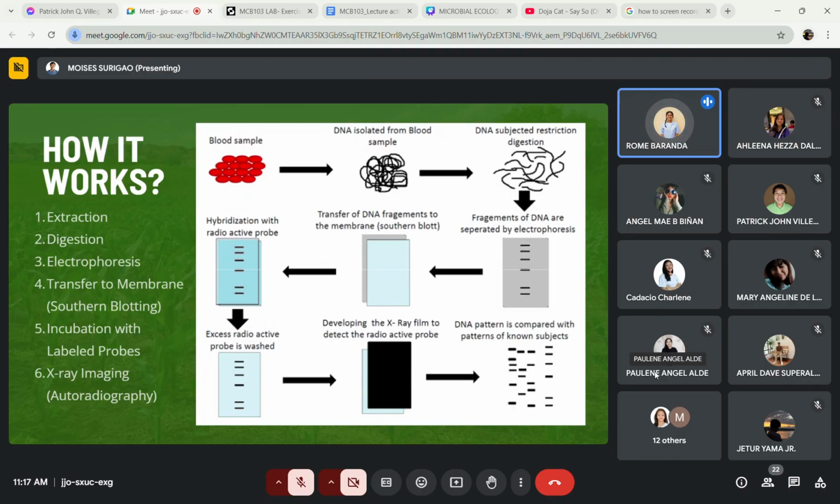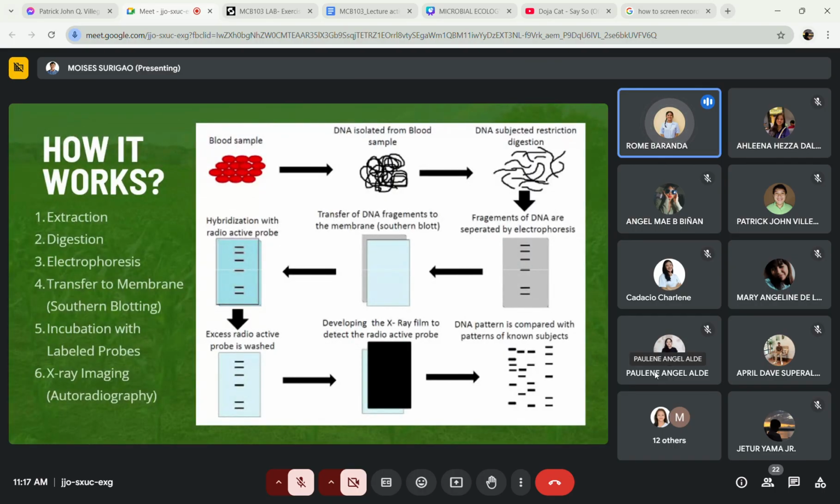So yung labeled probes, ito yung mga fragment ng DNA that can be radioactively labeled or can use fluorescent as well. And the DNA fingerprinting here, it is generated by adding a tag probe to the nylon sheet or yung membrane nga. And yung probe will only attach doon sa pieces of DNA that are complementary.